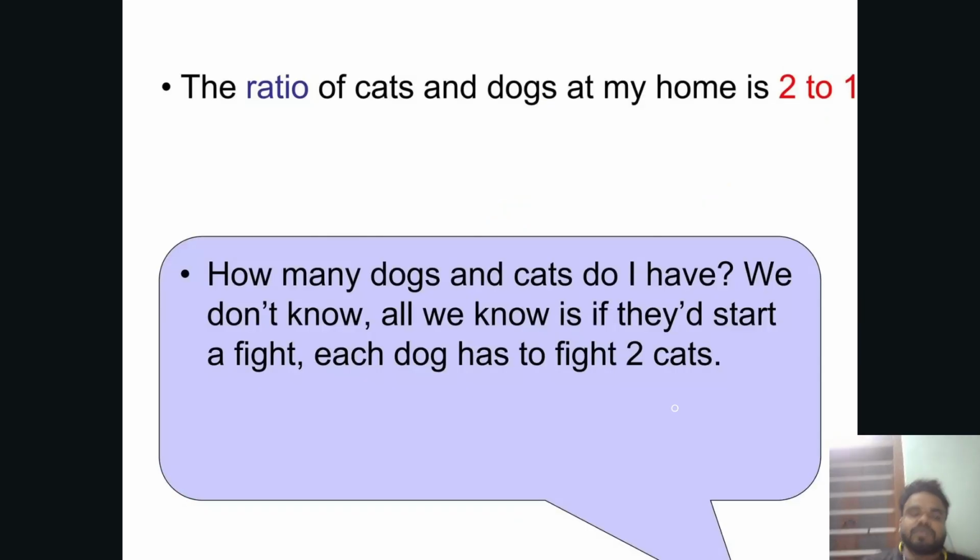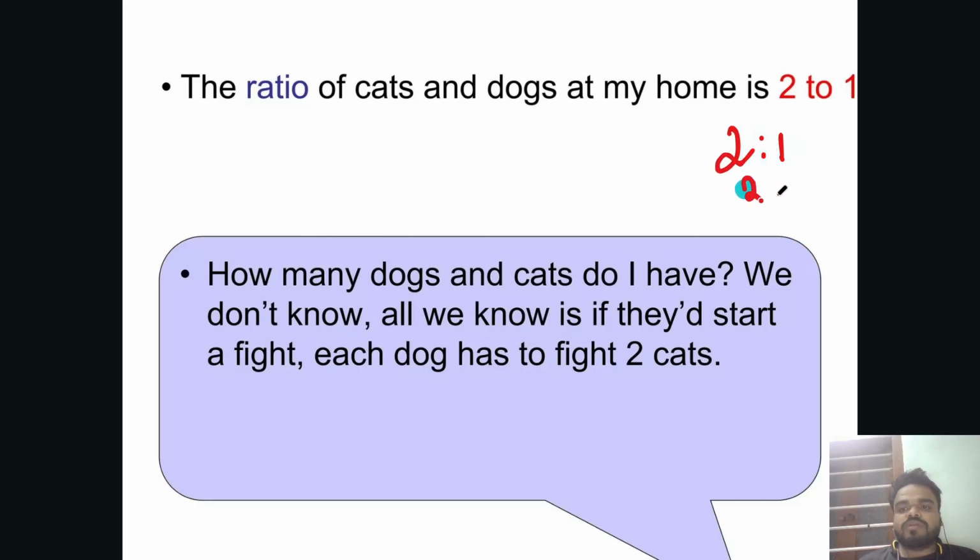One more example. The ratio of cats and dogs at my home is 2 to 1. You can say 2 is to 1 or 2 by 1, right? In the example, they have not mentioned how many cats there are or how many dogs there are. How many dogs and cats do I have? We don't know.